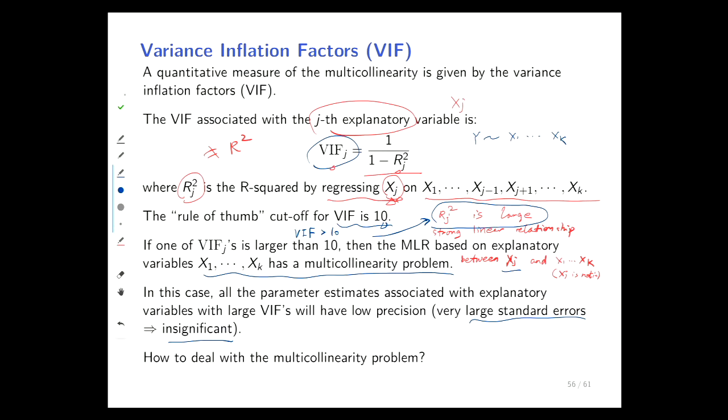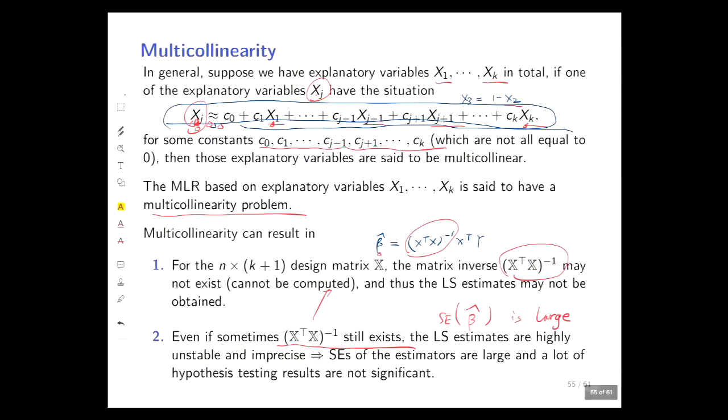Basically, we use VIF to measure the linear relationship between xj and the other explanatory variables. The rule of thumb standard here is 10. If VIF is larger than 10, then we say that we have this kind of multicollinearity problem. If we have the multicollinearity problem, that means one explanatory variable xj can be expressed by the other variables, and then we can result in two serious problems.